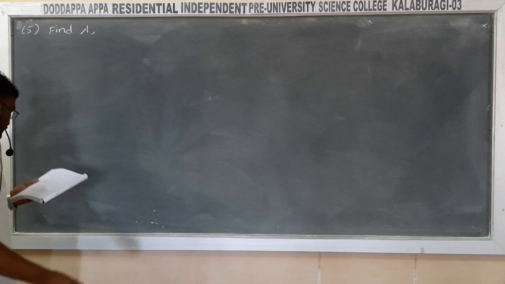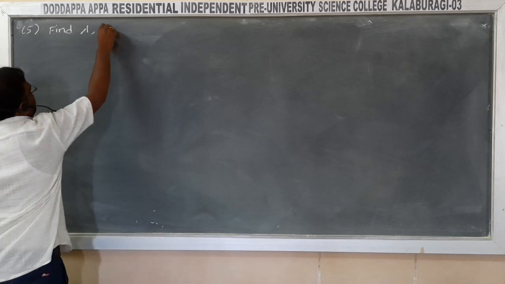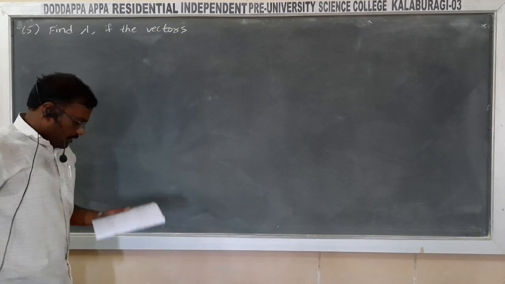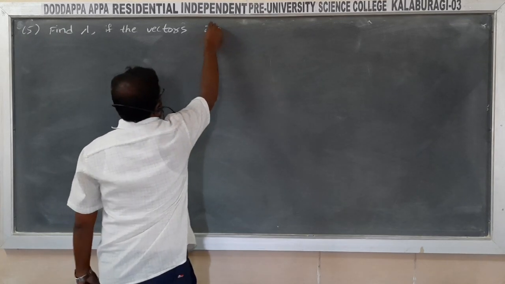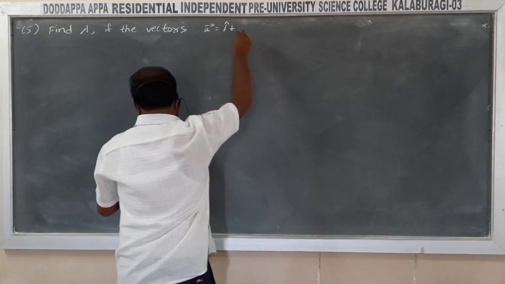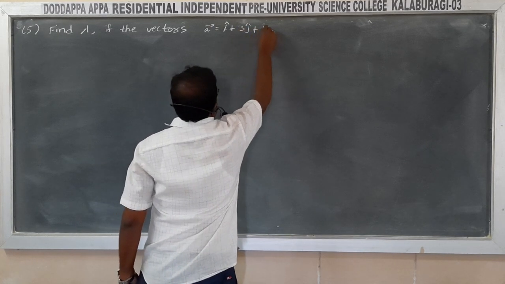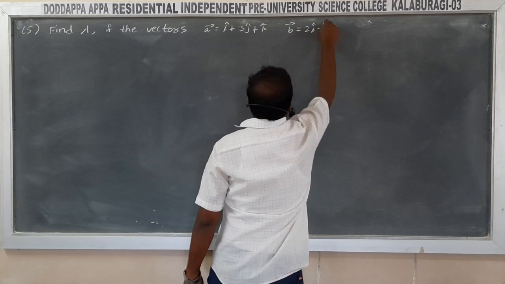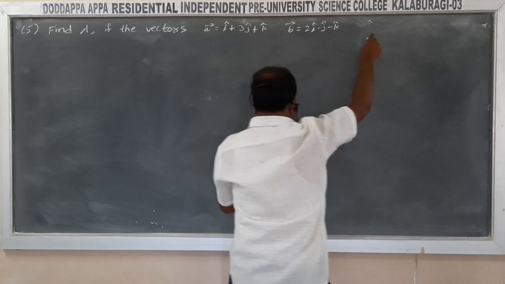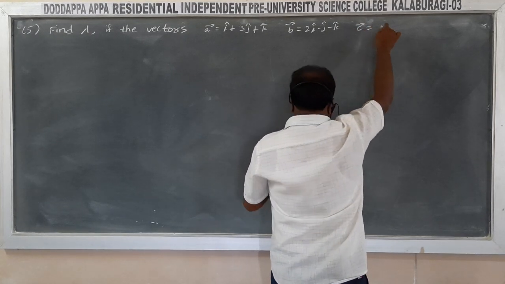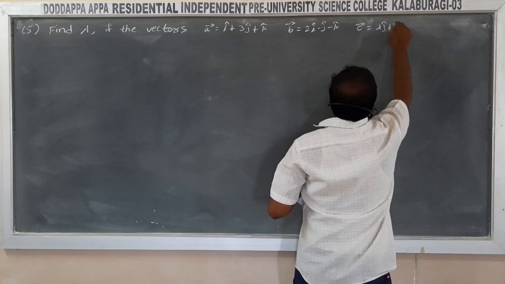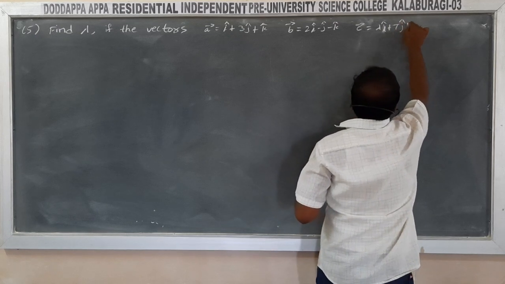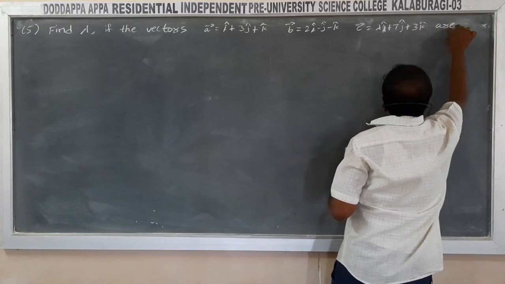Find lambda if the vectors vector A equal to i plus 3j plus k, vector B equal to 2i minus j minus k, and vector C is equal to lambda i plus 7j plus 3k are coplanar.